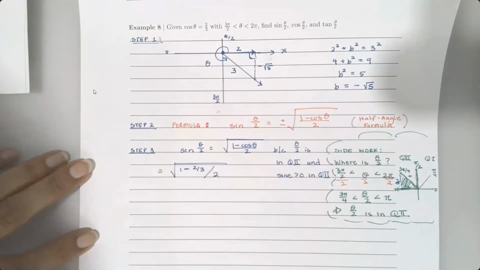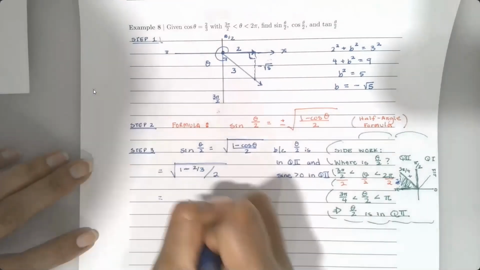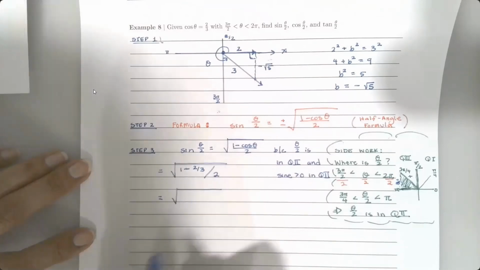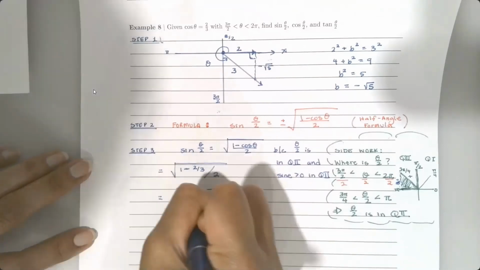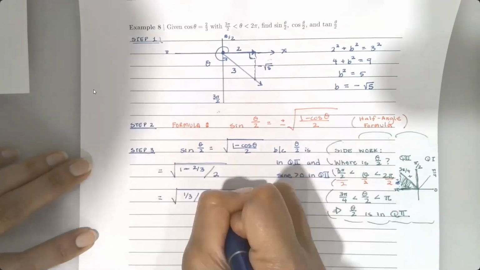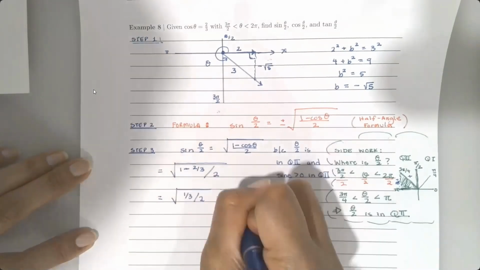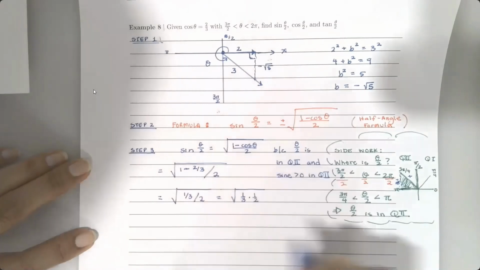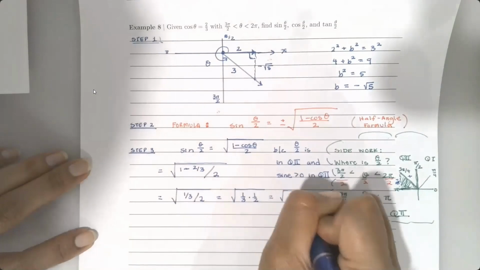So this becomes the square root of 1 minus 2/3, that's just 1/3, divided by 2. Then 1/3 divided by 2 is the same thing as taking 1/3 times 1/2. So we get the square root of 1/6.